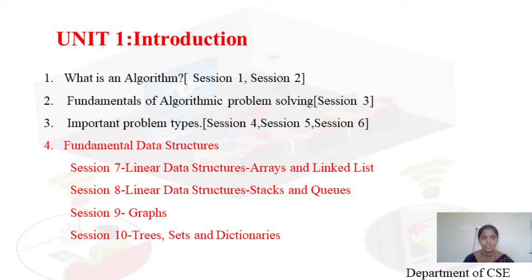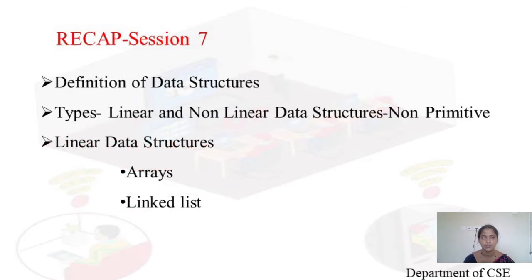Before we start our presentation on session 10, we will have a recap of sessions 7, 8 and 9. In session 7 we had defined data structures, the different types of data structures, that are linear and non-linear data structures which are non-primitive.